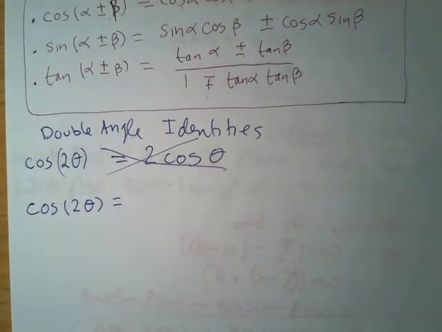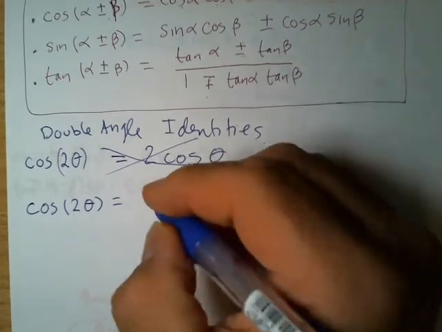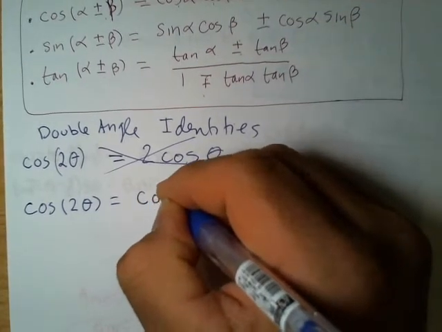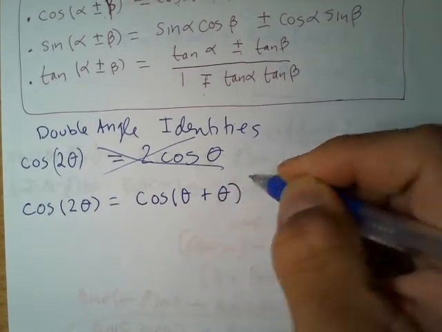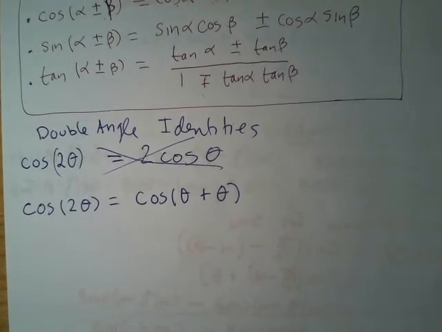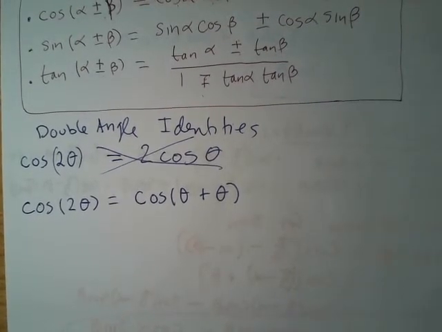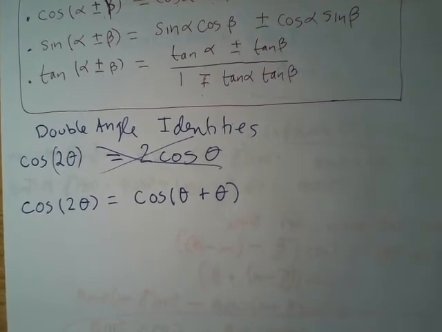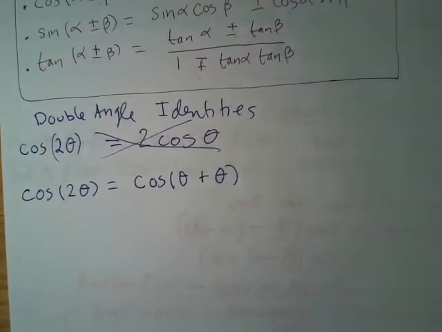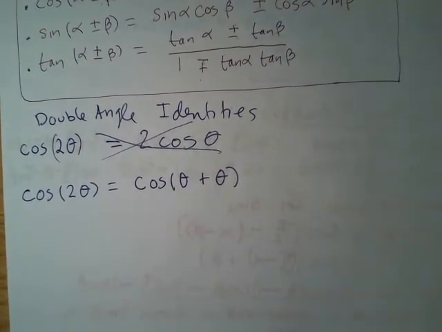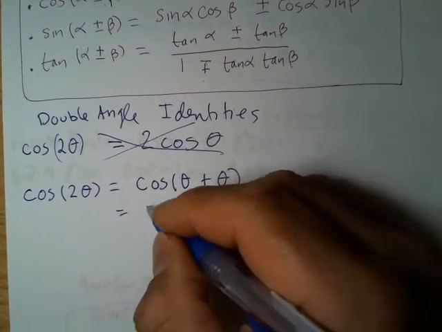So what do I know? I know some formulas for cosine. I can rewrite 2 theta as theta plus theta. That is something within algebra. 2 theta is the same as theta plus theta, still within that cosine. I can work with this. I have a formula for the sum of angles, and I'll apply it here.